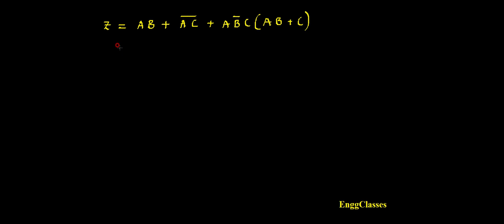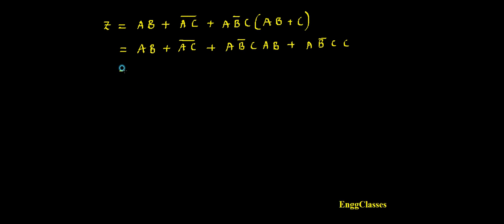Let me retain the first two terms as they are, which are A into (B plus AC) whole bar, plus the second term, AB'C into AB, plus AB'C into C. I would write it as it is.